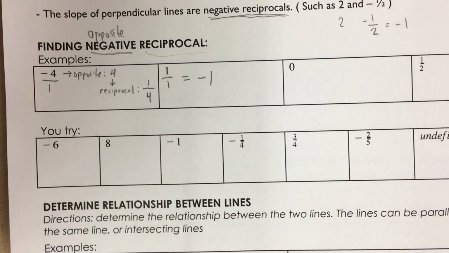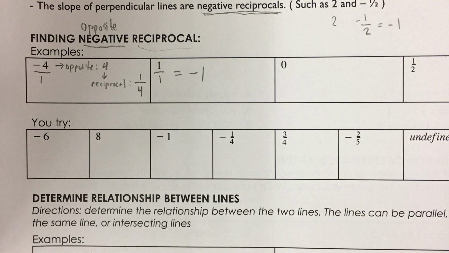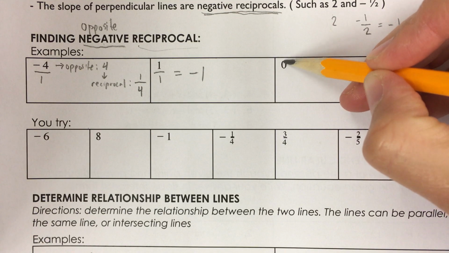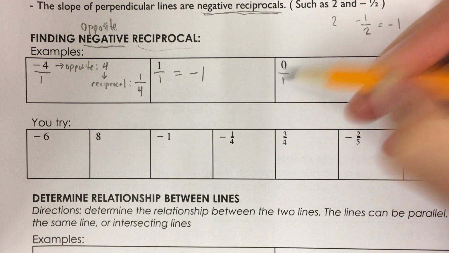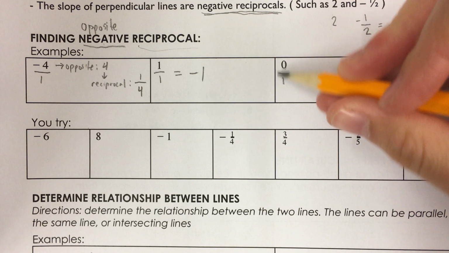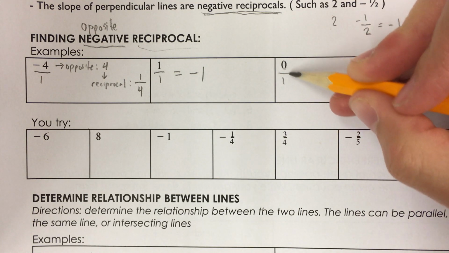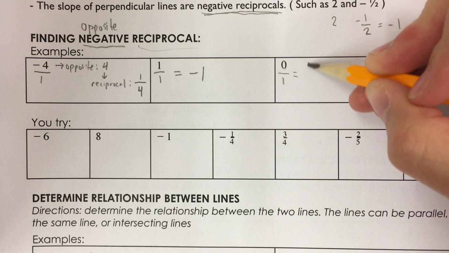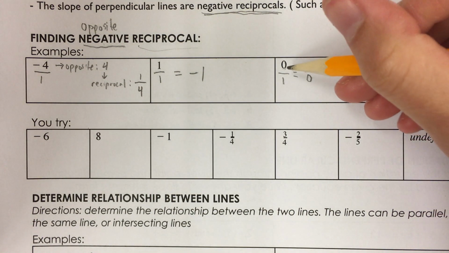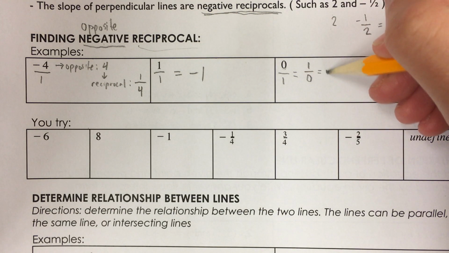How about 0? This is a problem. 0 is an interesting one. But just like any whole number, this is 0/1. Now if I change the sign, -0 and +0 are the same, so don't worry about the sign here. But if I flip over this fraction, I get 1/0. Now remember, 0 is not allowed to be on the bottom of a fraction, so this is actually undefined.